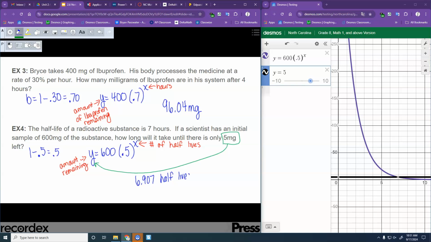But normally, we don't answer a question in number of half-lives, right? That wouldn't really make a lot of sense. How long is a half-life for this? 7 hours. So it's 6.907 7-hour periods. So we need to multiply our answer by 7 hours to get the actual number of hours.